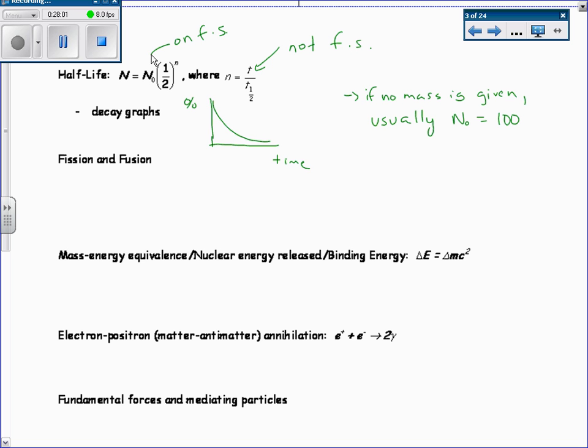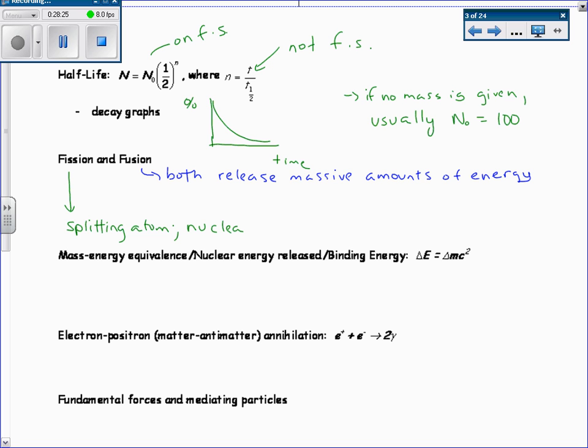Remember, fission and fusion both release massive amounts of energy. Fission is splitting the atom. It's how we get nuclear power. And the products are radioactive.